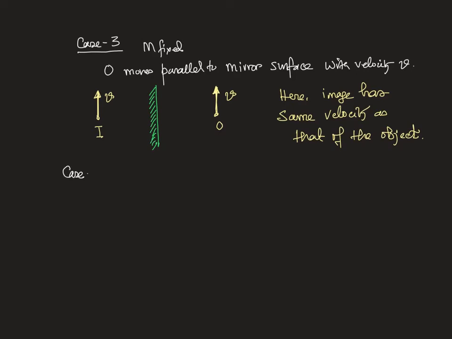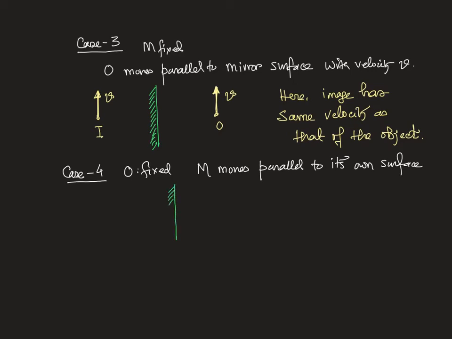Case 4 is extremely simple. Here O is fixed and M moves parallel to its own surface. Then what happens? This is M, the mirror. The mirror moves with the velocity like this, V, and this is the object.